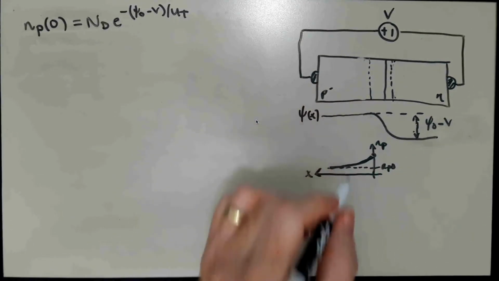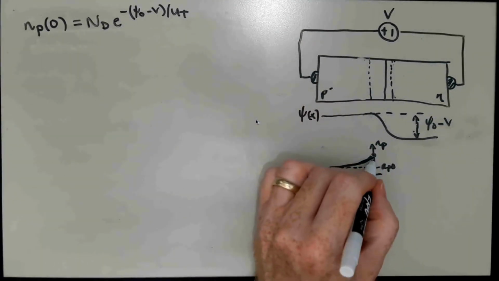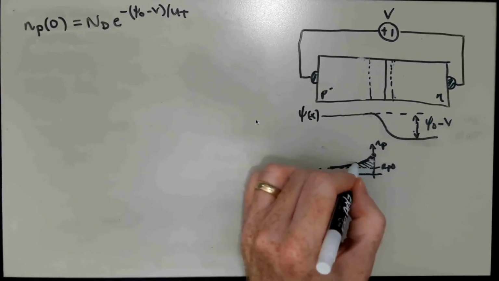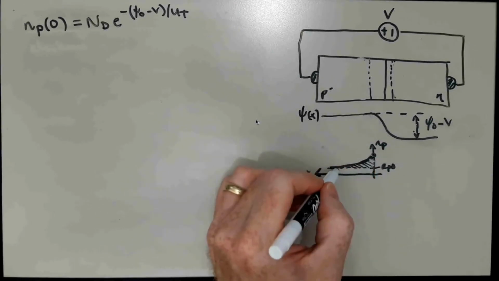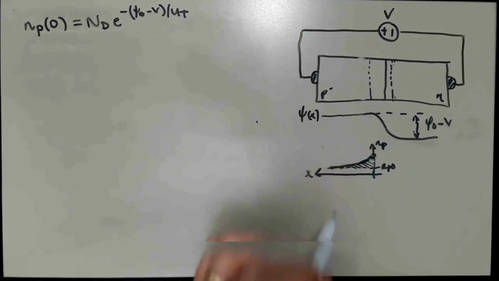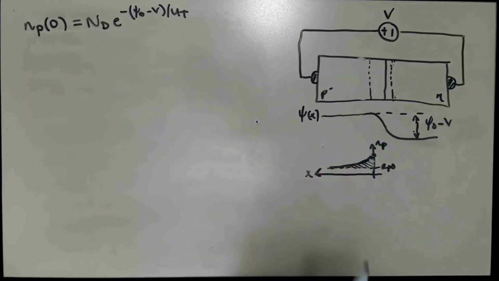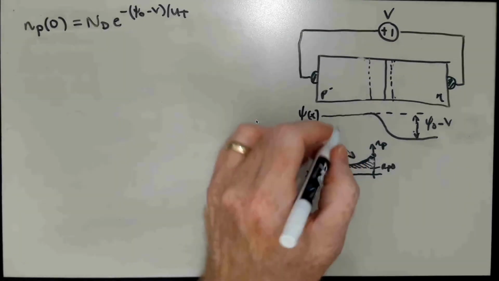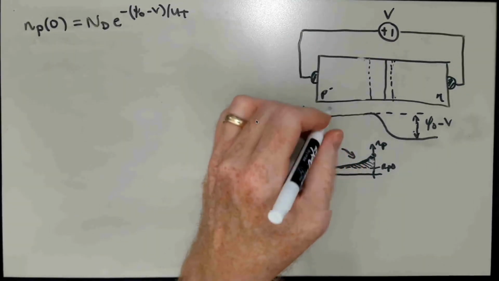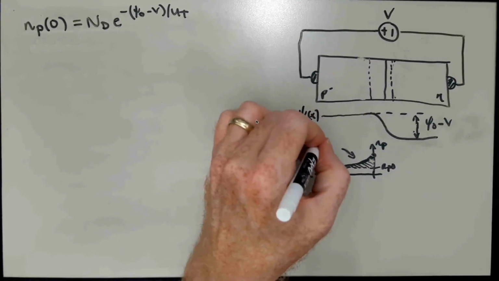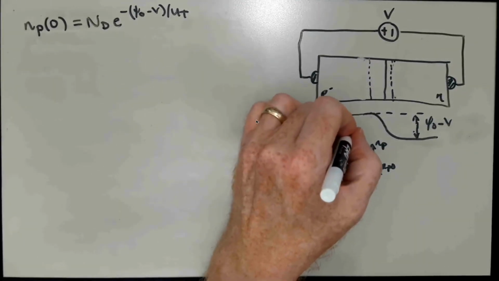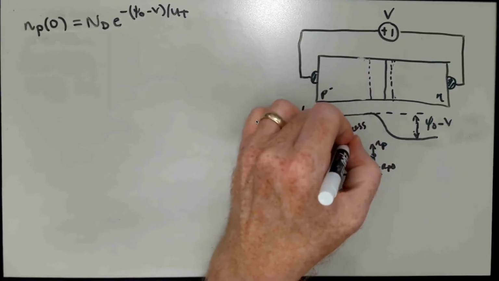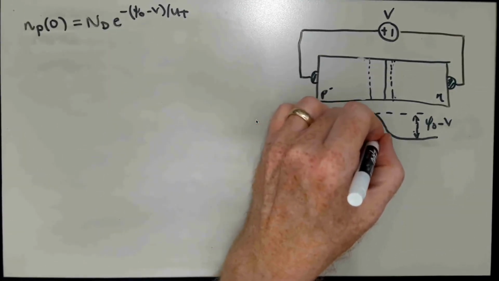Okay? And it turns out that the area between this exponential curve and NP0, that's called the excess minority carrier concentration. So that's going to be delta N sub P, which is the excess minority carrier concentration.